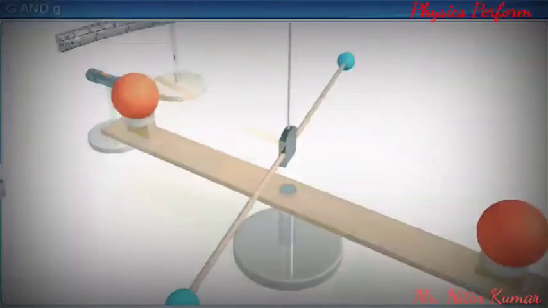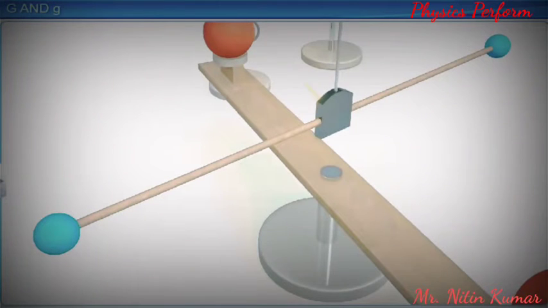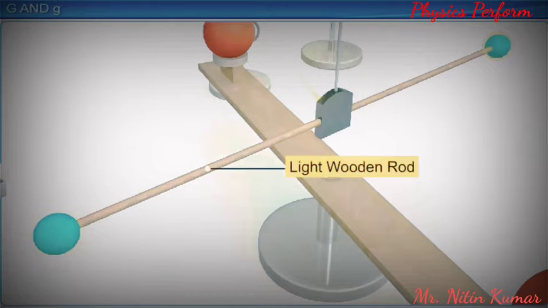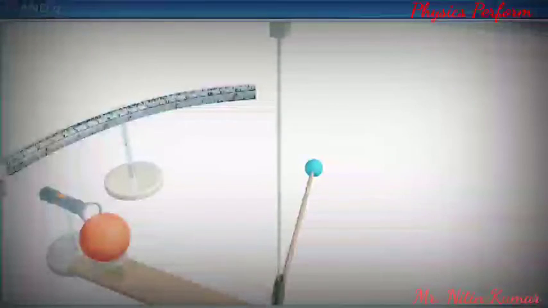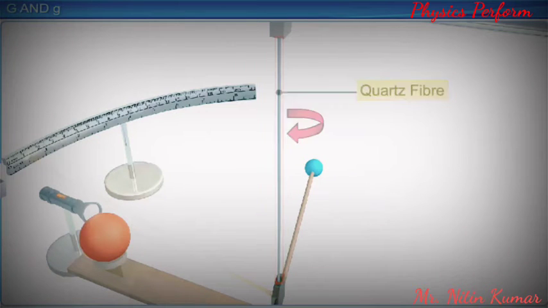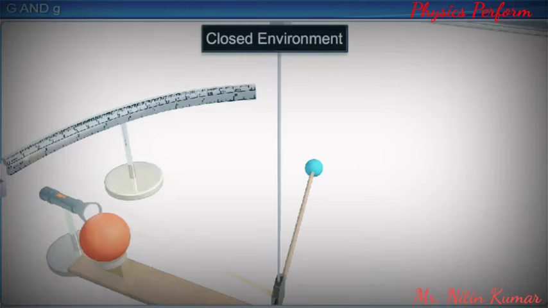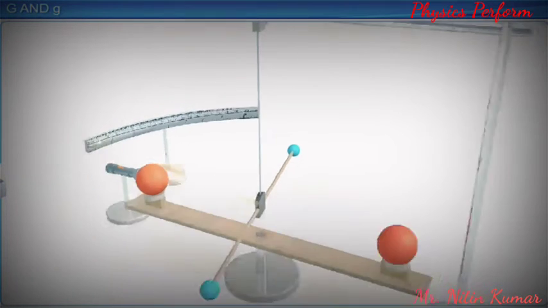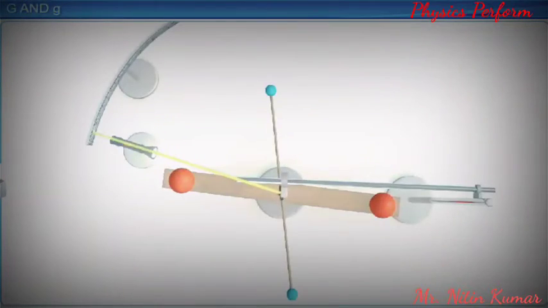Basically, the smaller pair of spheres is attached to either side of a light wooden rod, suspended from a rigid support by quartz fiber, and is free to rotate by twisting the fiber. The setup is kept within a closed environment to avoid air currents. The other two larger metallic spheres are brought from a distance close to the smaller spheres.